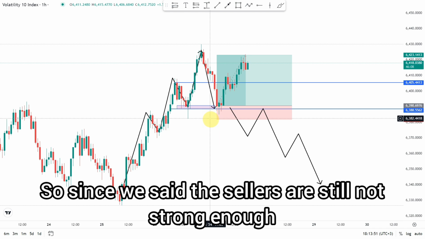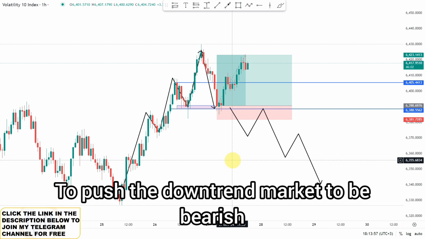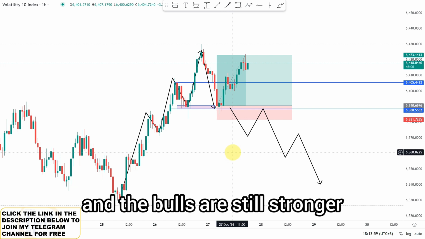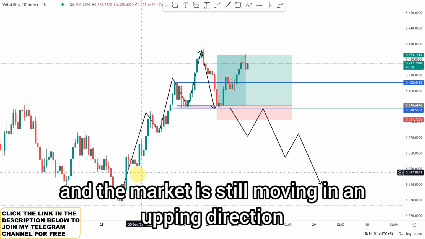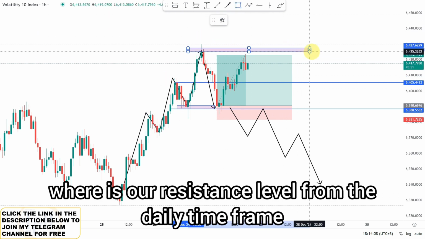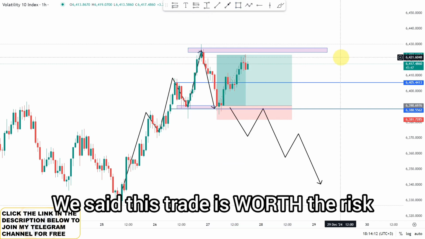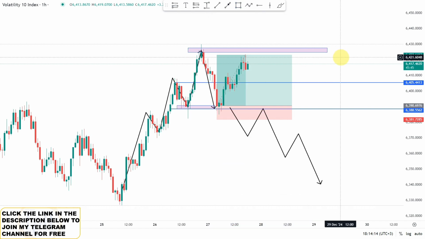Since the sellers are still not strong enough to push the market to be bearish, the bulls are still stronger, and the market is still moving in an upward direction. And at this point is where our resistance level from the daily time frame is.